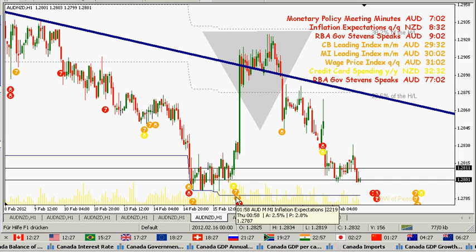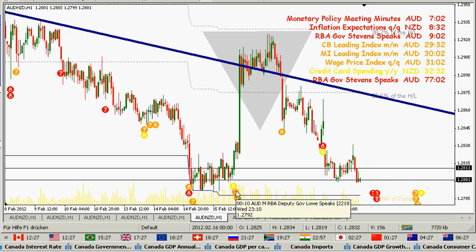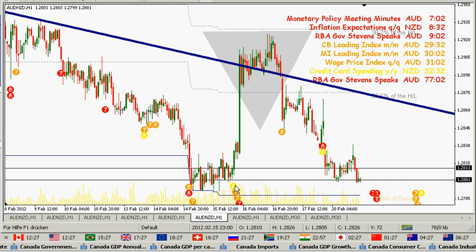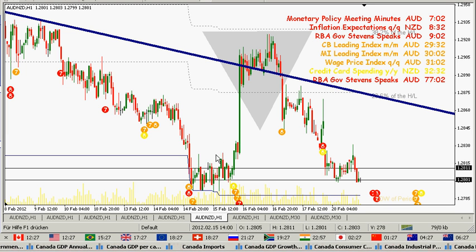Then we've got also inflation expectations by the RBA Australia, and then the deputy governor's speech, and the manufacturing index. And we see we've got surprise data, upside for the Australian dollar, and in this case New Zealand too, of course. Here we've got the data and then pressure again. So it was aftermath on a short-term view and a failed breakout.